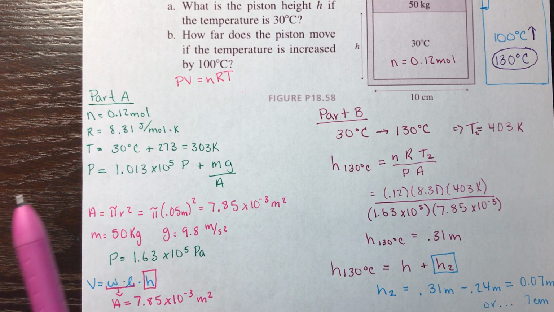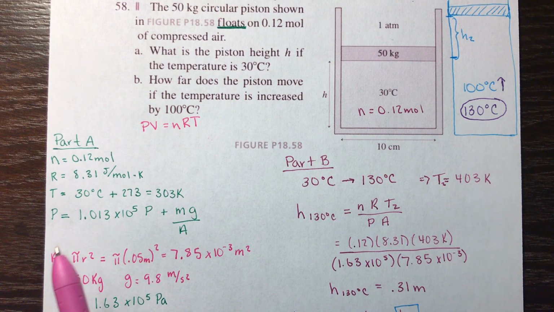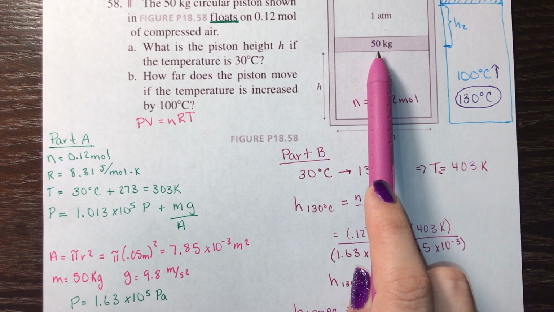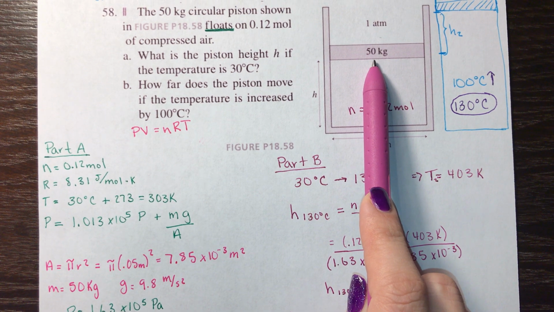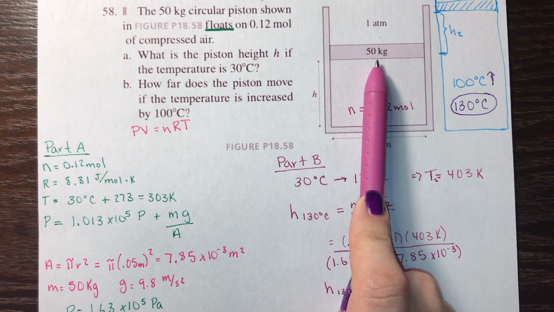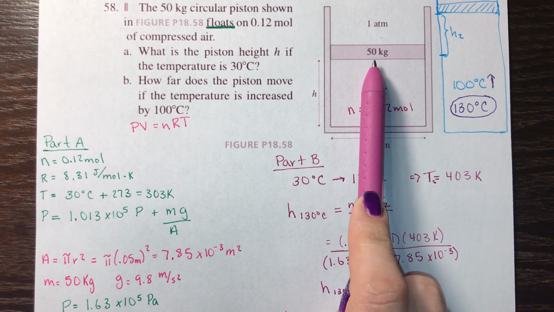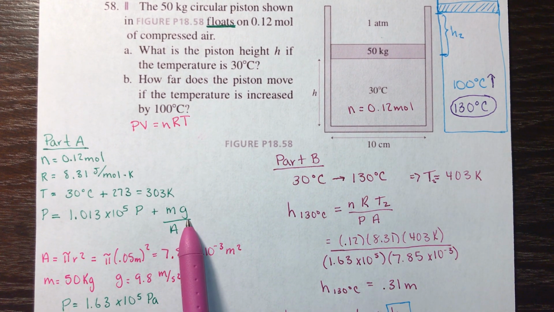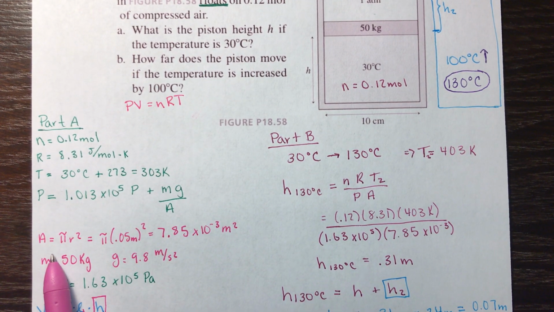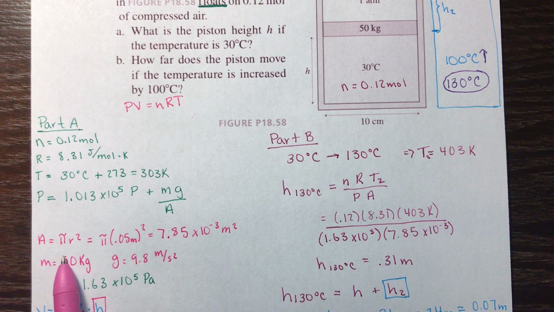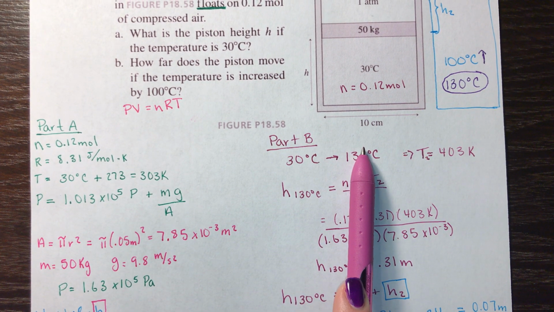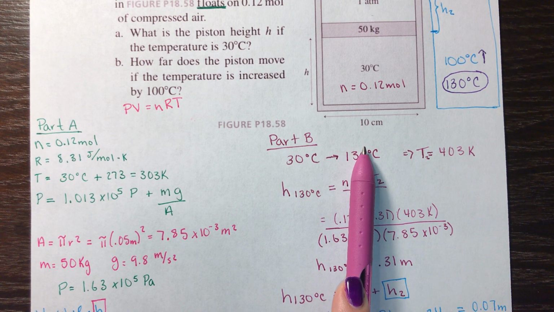And for our pressure, we know that we have the pressure of the atmosphere plus the additional pressure given by this mass on top of the air. And the way we solve for this pressure of mass is the mass times gravity over the area. So to solve for the area, area is pi r squared, and given here it's 10 centimeters, but we need the radius, so we're going to divide that by 2.